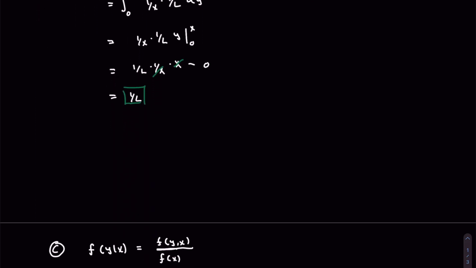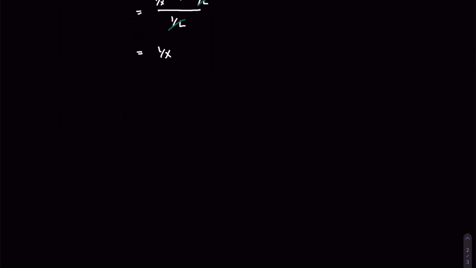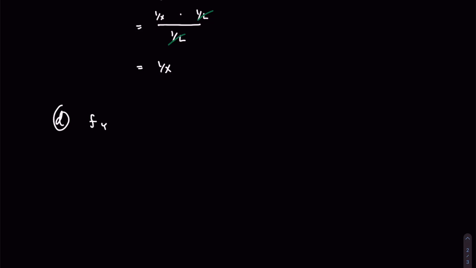Okay, so let's write it down, following the definitions. So f of y, now we have to marginalize out x, so we have x like so from the joint.